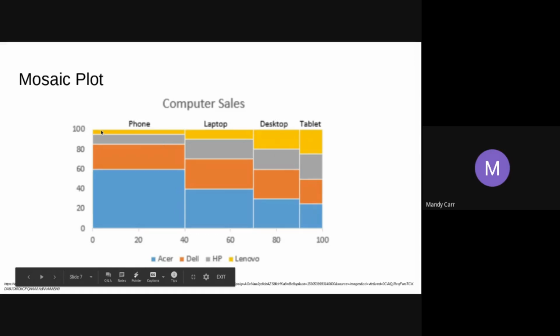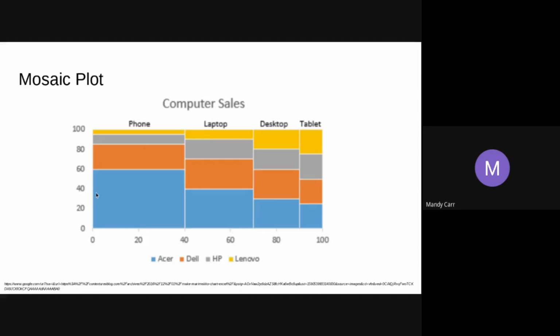Now, one thing I want you to notice is that this whole plot, this graph, is a rectangular shape. Now, we don't normally see this in a graph or a chart. Normally, it's like a bar chart, and the bars are all different heights. But with a mosaic plot, you start off with a big rectangular shape. Now, this first column, as I said, represents phones.